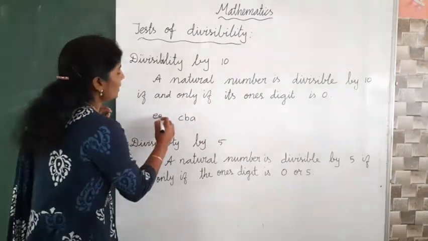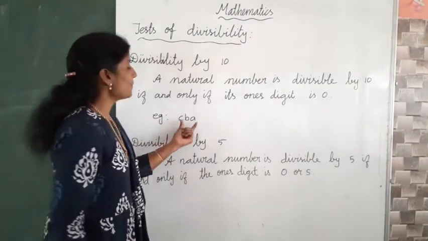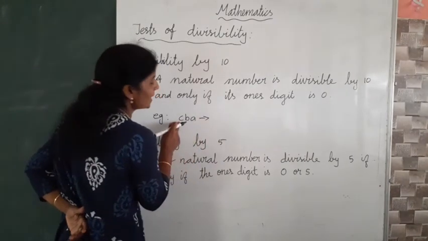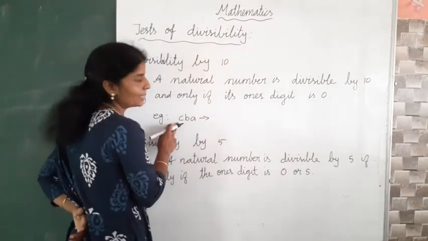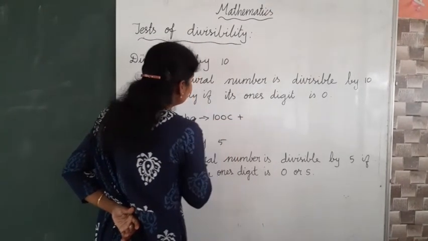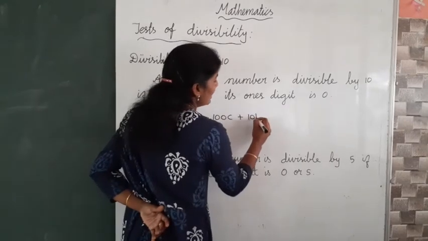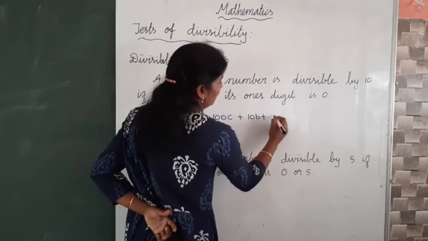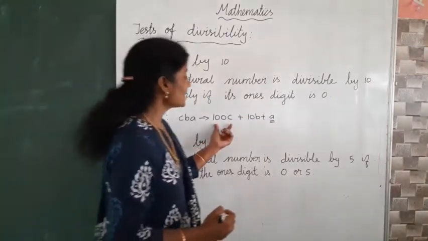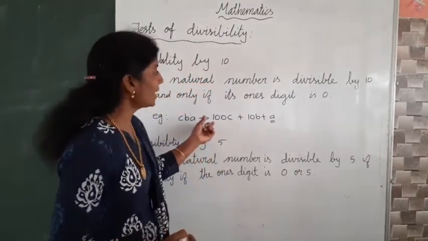For example, any natural number that is CBA, we can write 1s, 10s, 100s: 100 into C, 100C plus 10 into B, 10B plus A. Here the ones digit we have is A. 100C and 10B are divisible by 10.